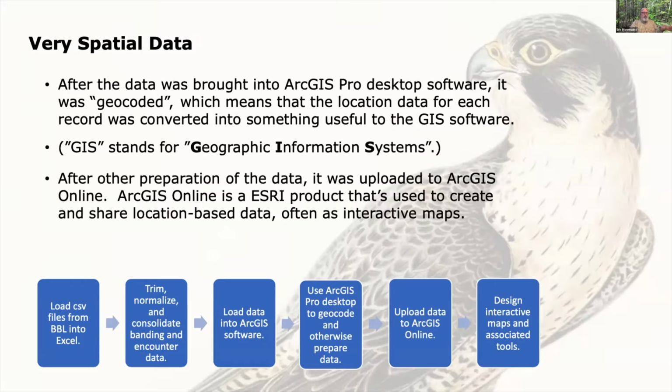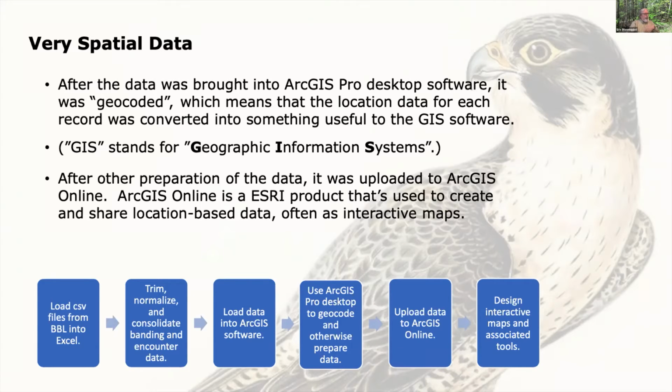So I loaded up into ArcGIS Pro, did a bunch of detailed things that you don't need to worry about, and then uploaded it into ArcGIS Online, which is an Esri product that is used to create and share location-based data, such as interactive maps, basically share it out to the public or share it out to a particular company or a particular group.